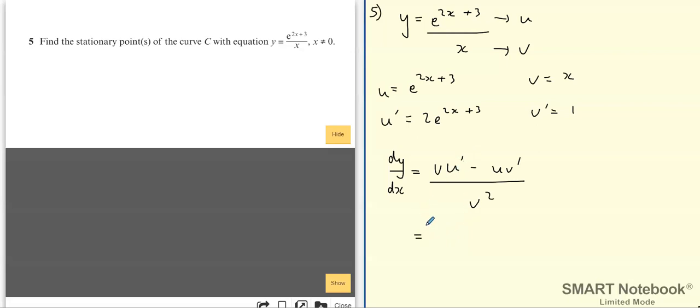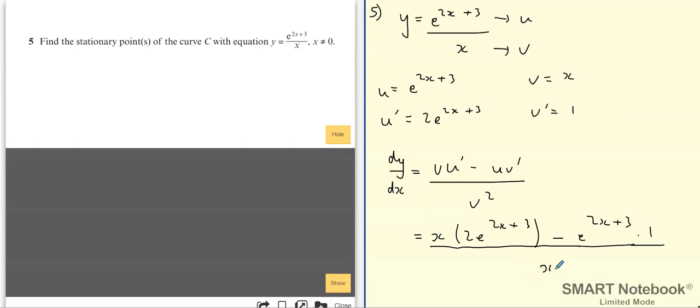So I'm going to have x times by 2e to the 2x plus 3 minus e to the 2x plus 3 times by 1, all over v squared, which is x squared.